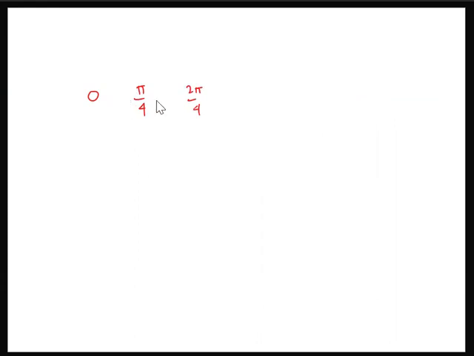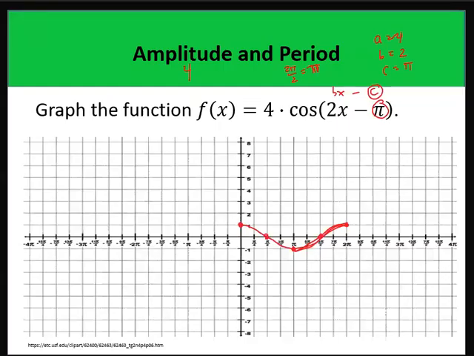And then this will be multiplied by 3, we get 3 pi over 4. And then this one will be multiplied by 4, which is pi. So that means from 0 to pi, we have one copy of the graph of the cosine function. But there is a vertical stretch up to positive 4 and negative 4 because the amplitude is equal to 4.